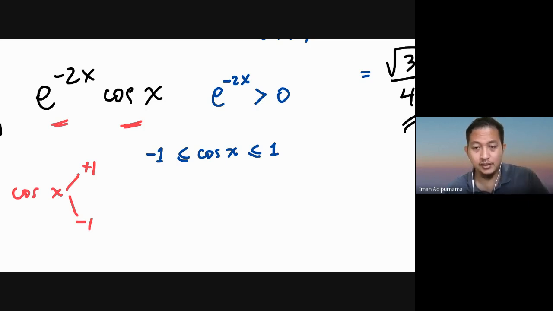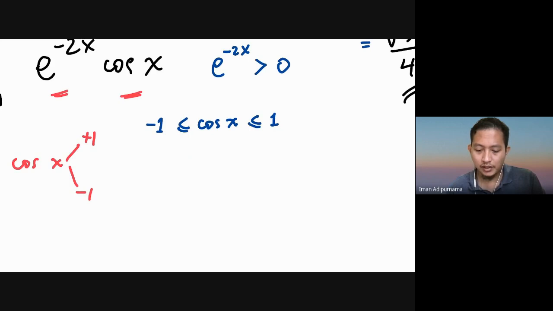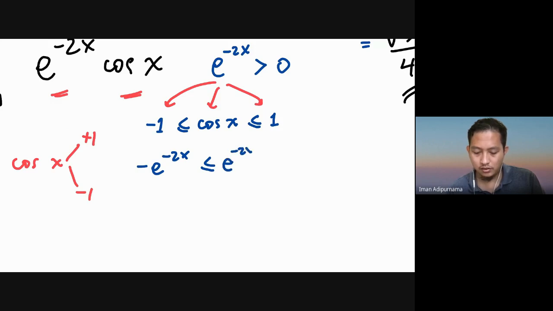So it's always above 0. So we can multiply this to all of this. And we can say that this is our inequality.